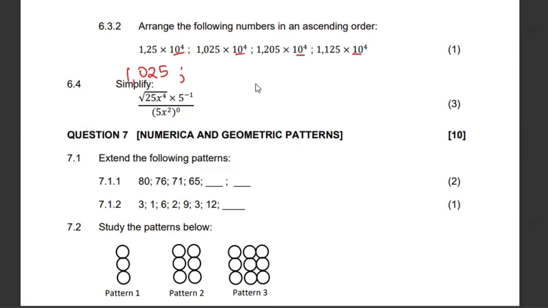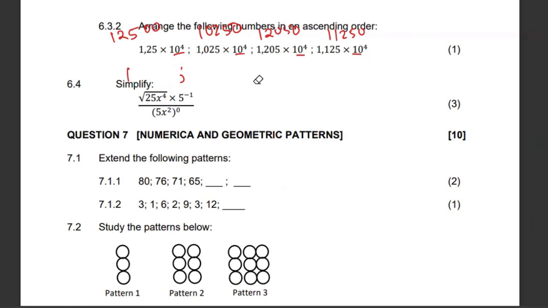I feel like this is the smallest because it's going to be 1025, 1205, 0. That's going to be a 0. 11250. It's going to be 125 with 2 zeros. Okay, then it makes sense. This is 12,500. Okay.